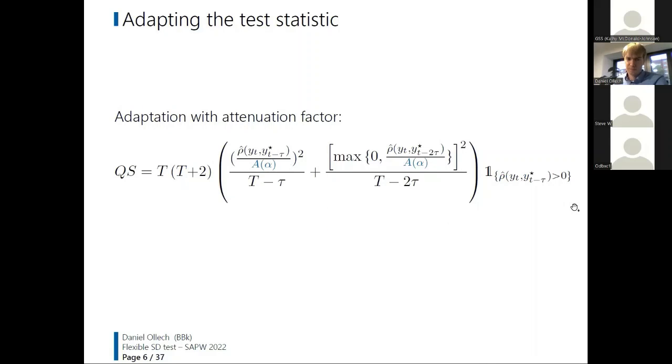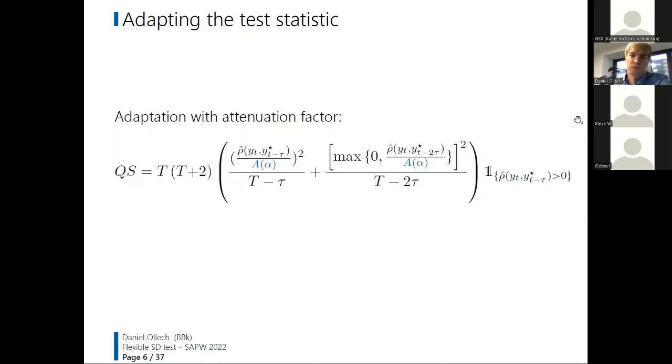We can just use this Y star naively, but because, as I said, we combine something seasonal with something that we can consider noise, we have to come up with an attenuation factor, because the correlation will be mitigated, that is biased towards 0, and this attenuation factor will counter that.